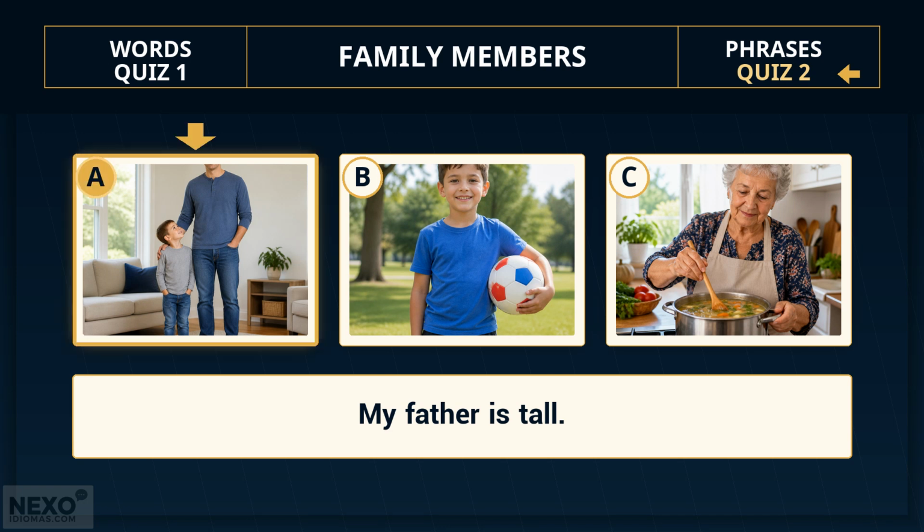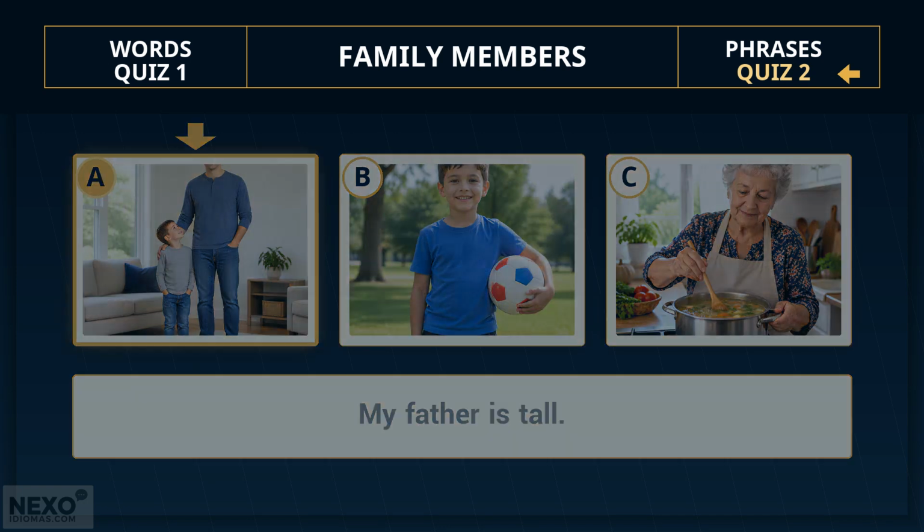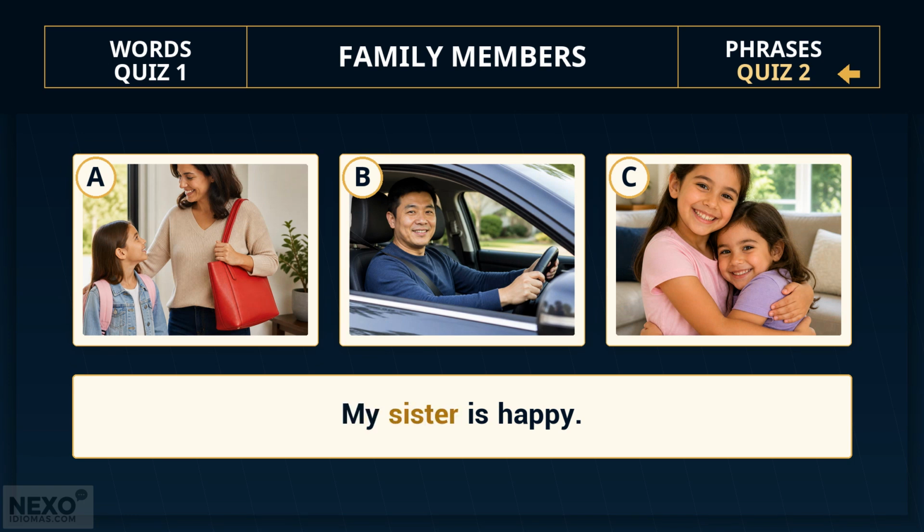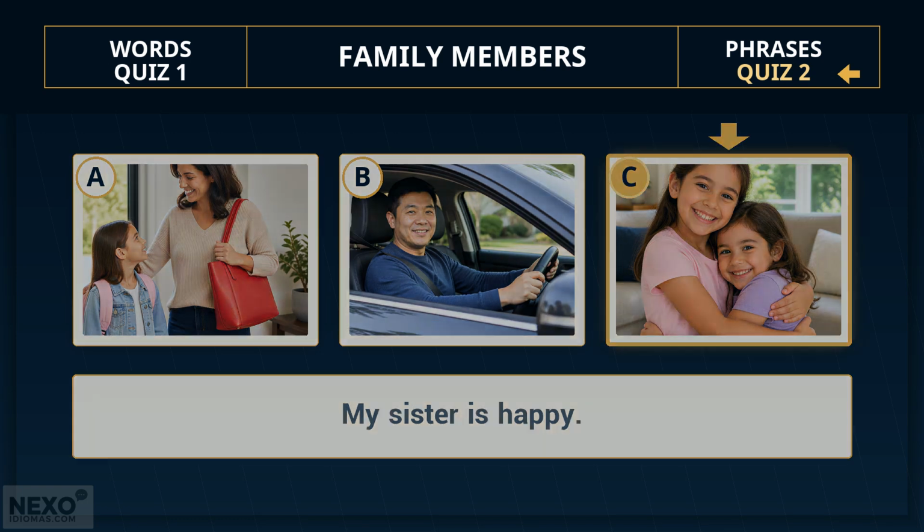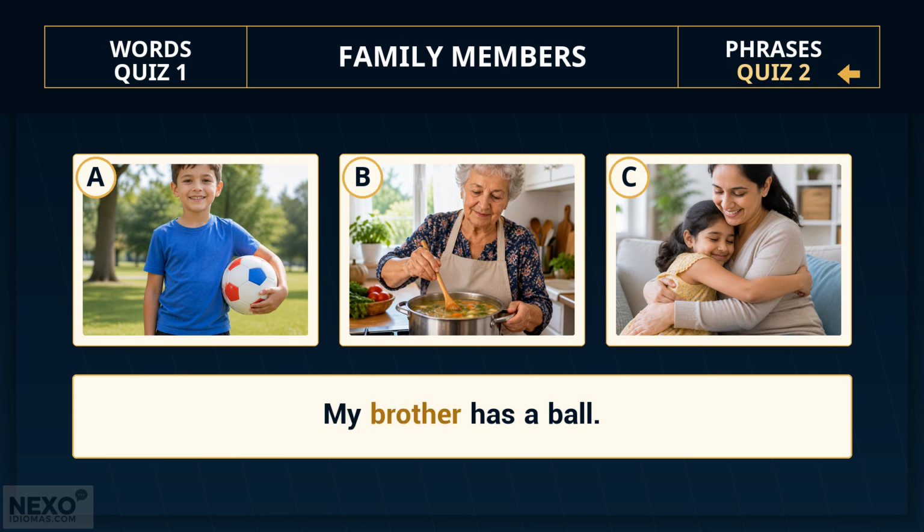A. My sister is happy. C. My brother has a ball. A.